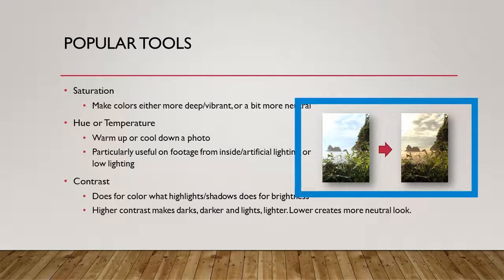This is particularly useful on footage from inside or under artificial lighting or low lighting. Sometimes when you're shooting in those situations, you have a little bit of a yellow tint to your image, and if you want to cool that down a little bit and take some of that yellow out, you would cool down or lower the hue or temperature in that photo.